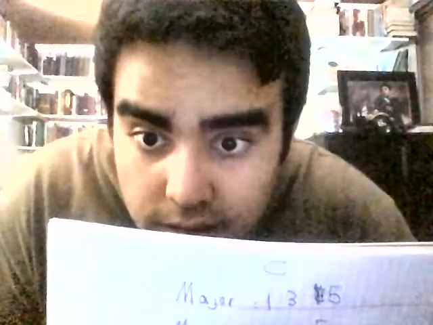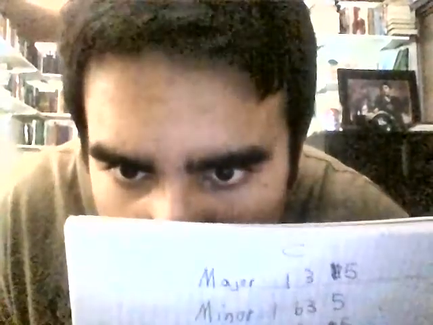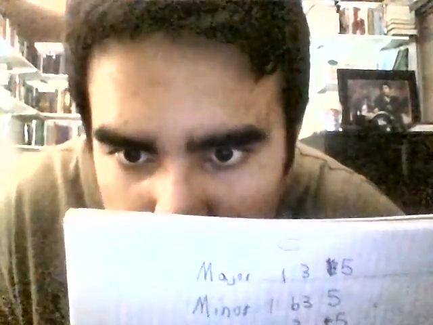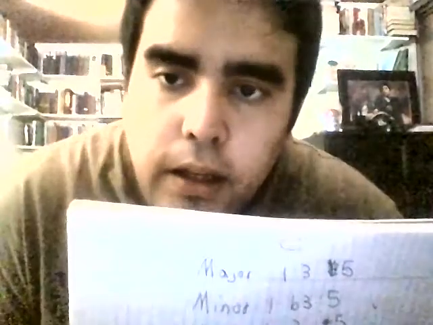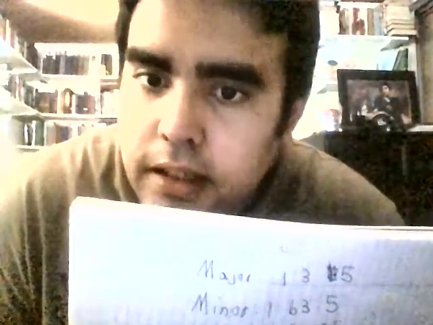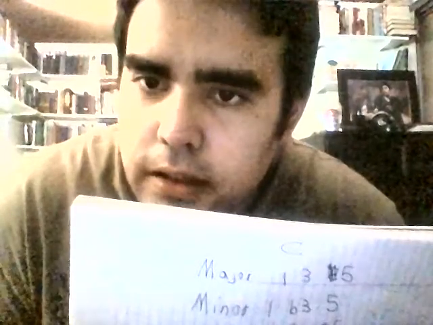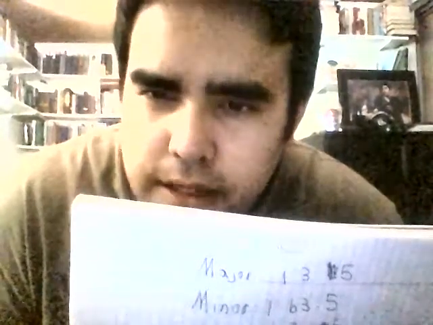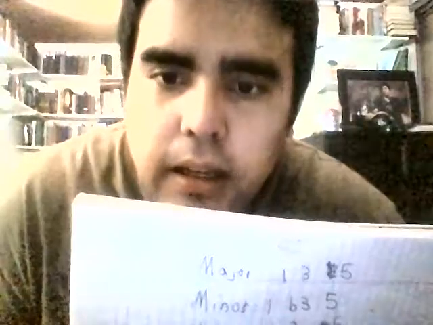Now, let's look at the next chord. Sorry, minor. Okay, minor. See that? It says minor. Now it's 1, 3, 5, but you'll notice what's going on with that 3 right there. Is that a lowercase b? What's that about?